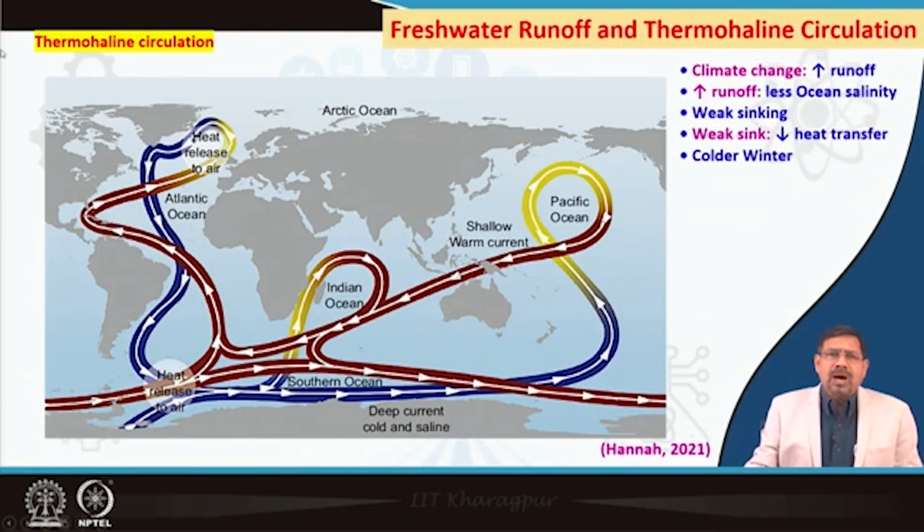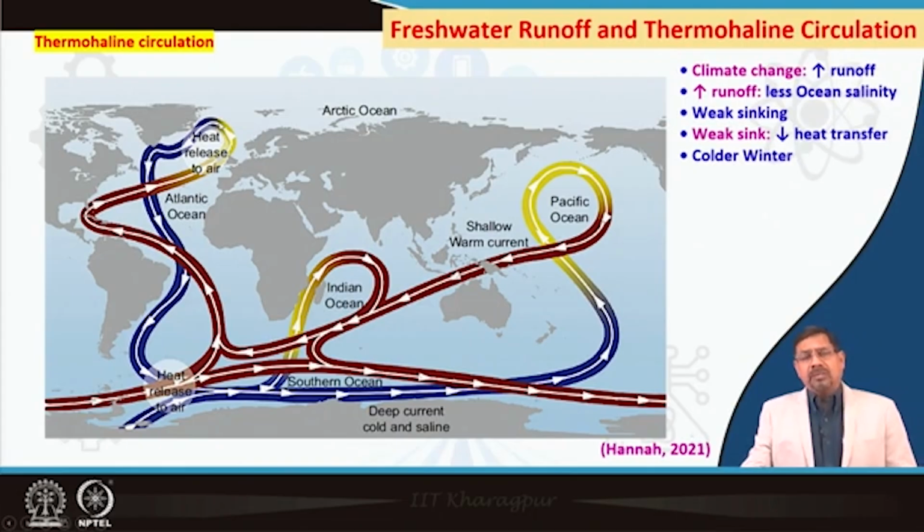So, this warm water is driven to both sides to the polar regions where the water is relatively cool. So, in turn it loses the heat, and as all of us know, cold water dissolves more carbon dioxide than warm water.